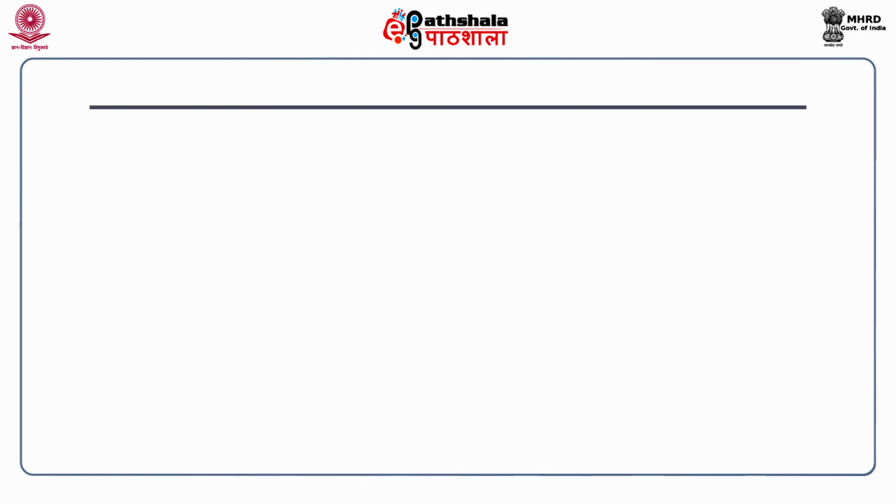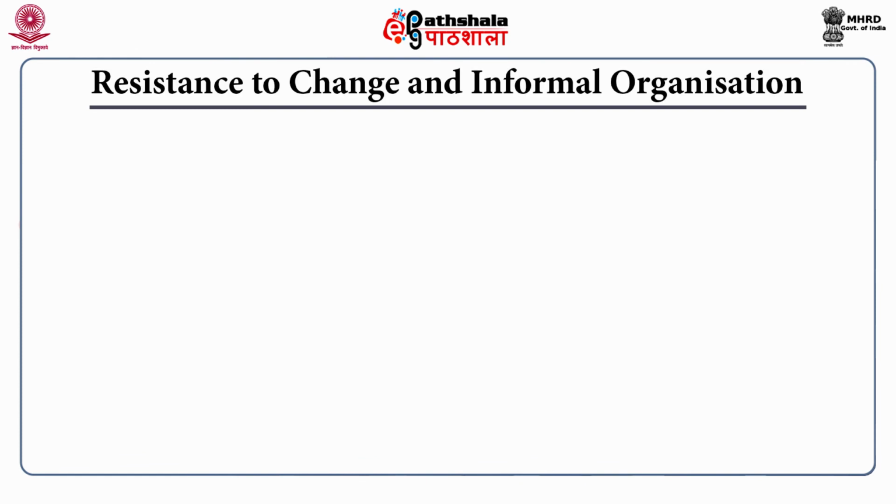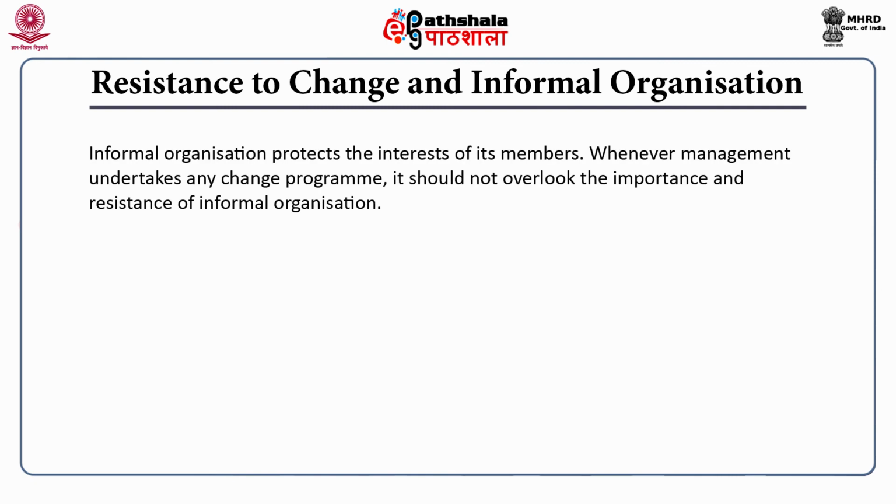Now let us discuss topic resistance to change and informal organization. Informal organization protects the interests of its members. It also provides the platform for getting support for some formal decisions which may otherwise be difficult in formal organization.